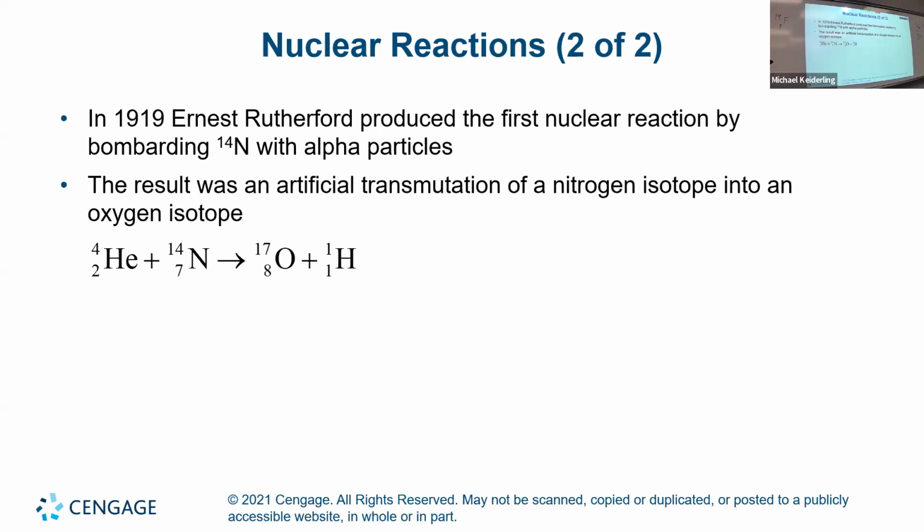So in 1919, Ernest Rutherford produced the first nuclear reaction by bombarding nitrogen with alpha particles. The result was an artificial transmutation of a nitrogen isotope into an oxygen isotope. You got helium plus nitrogen gave you oxygen-17 plus a proton. This is actually a reaction that I think can happen in stars.